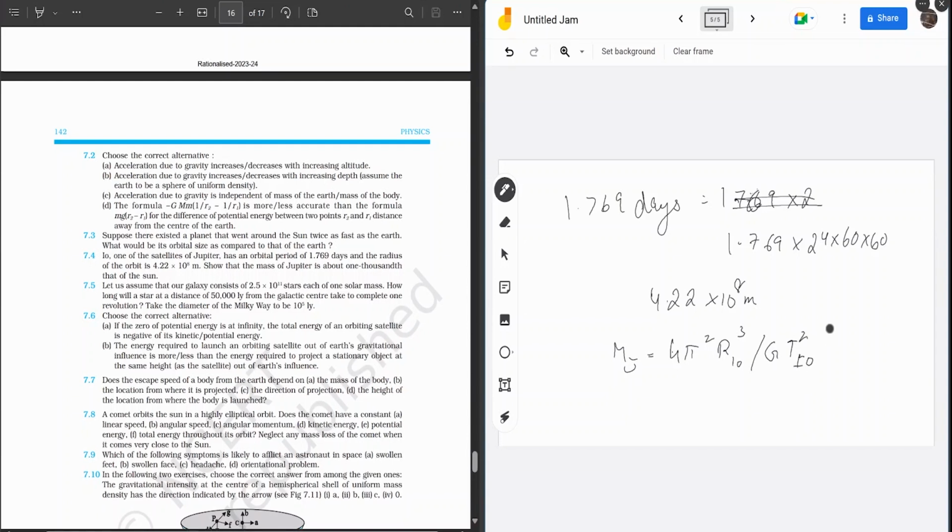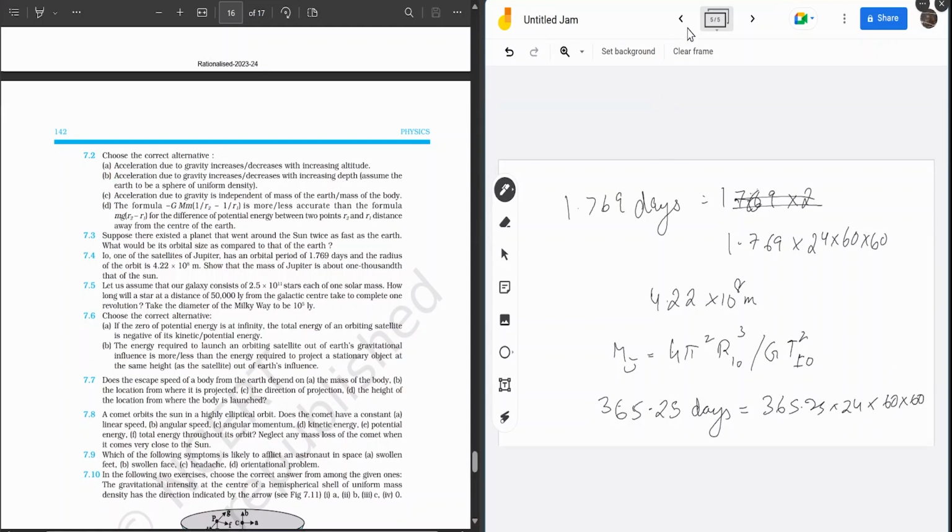Okay, now orbital period of Earth is 365.25 days. Okay, which is 365.25 into 24 into 60 into 60.